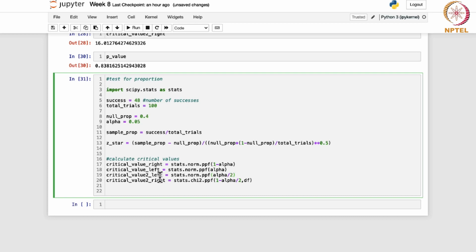And this again can be written as minus of this because it is symmetric. So minus of what is in the left tailed. Okay, so now you can write the left tail and right tail.